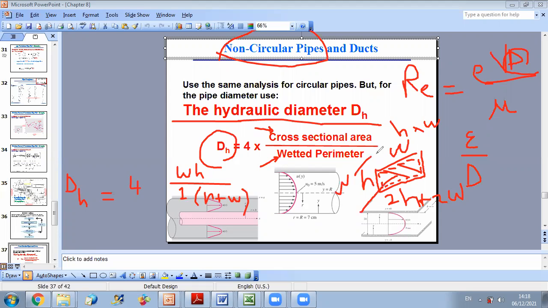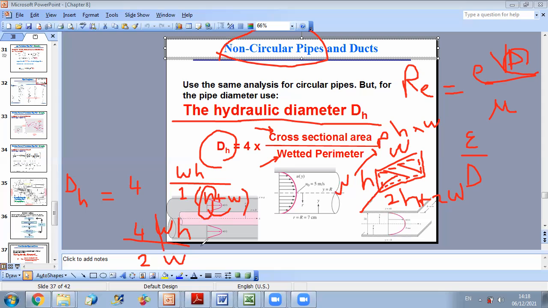If you have infinite plates, you can neglect h with respect to w when you do h plus w. So in case of infinite plates, you can simplify to 4 w h over 2 w, and then w can be simplified.